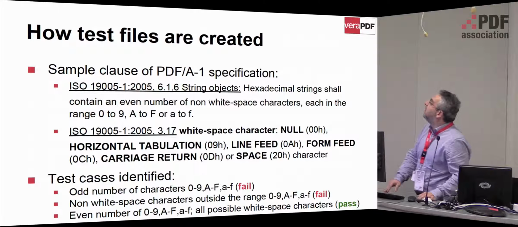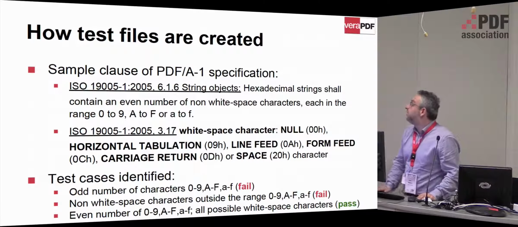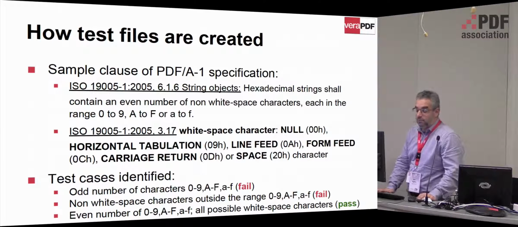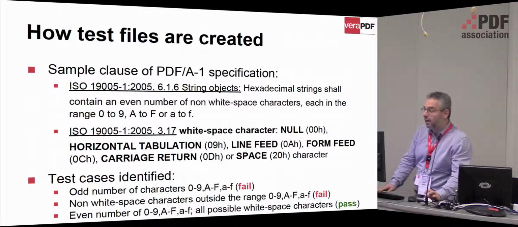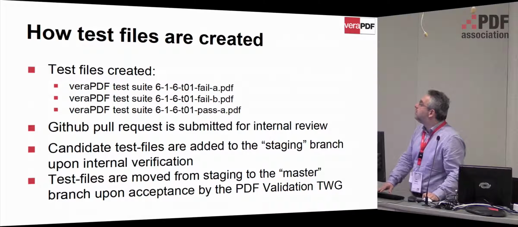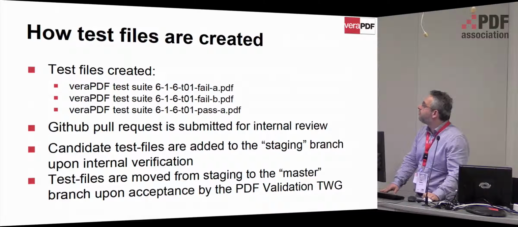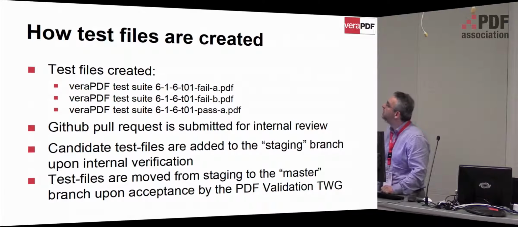So what we do, we identify such things and we create test files. Like in this particular case, we've got two fail test files as we think they should fail in our interpretation, and one pass test file, and this all is handed further for analysis. So it's all created by a test engineer, placed on GitHub, and all newly added test files are put into a so-called staging branch.